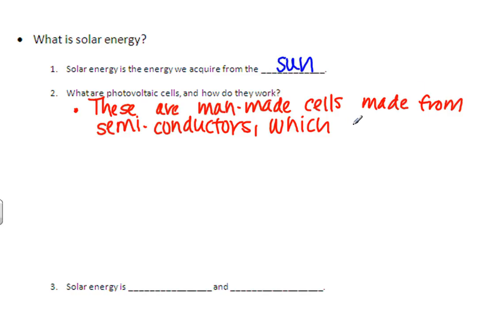So they're materials that are able to absorb light energy.